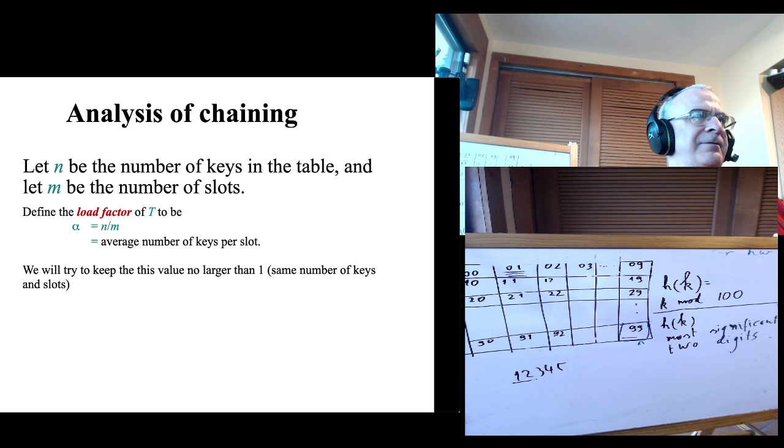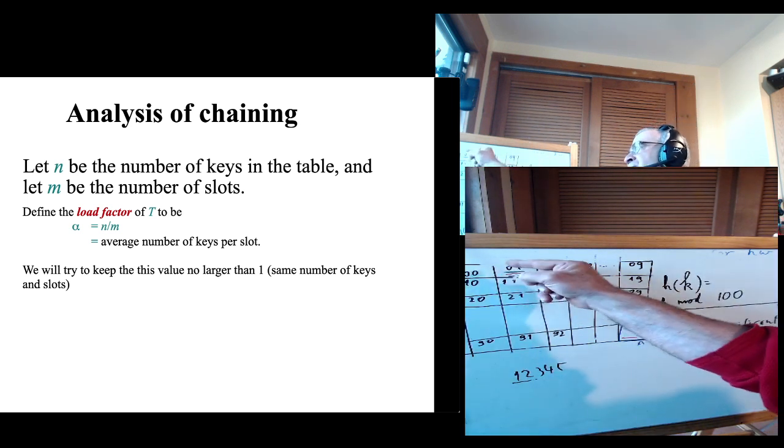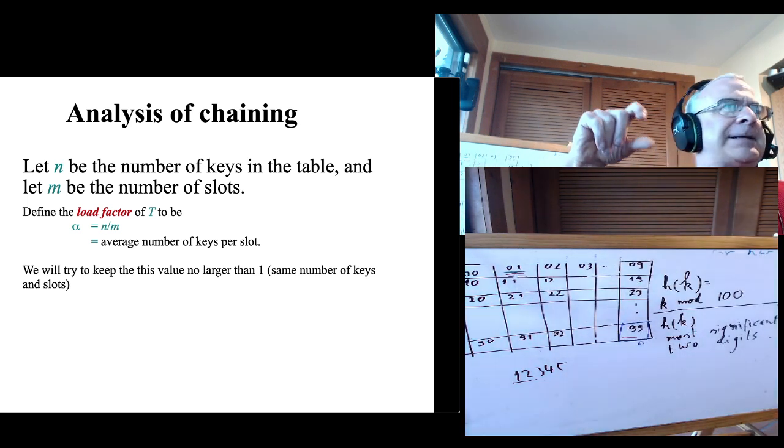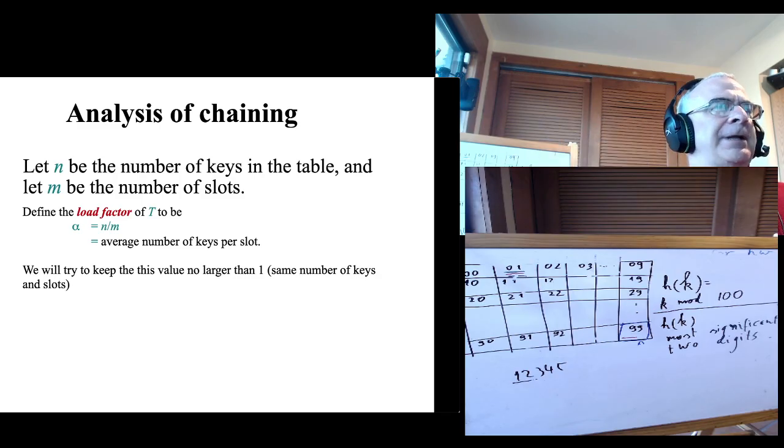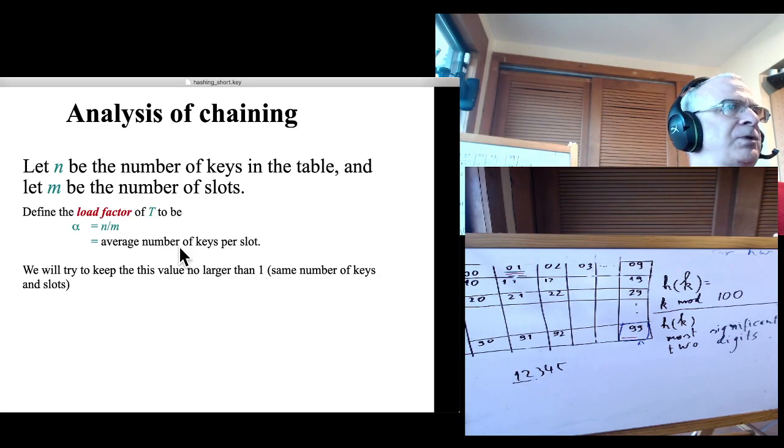Search time, I have to go to the list of homeworks, go to the records that are linked together, and I have to check each one of them. And that's a time to introduce key terms that will come again and again through this chapter. I want to speak about the load factor of the table.